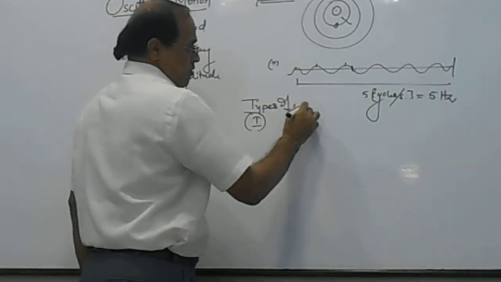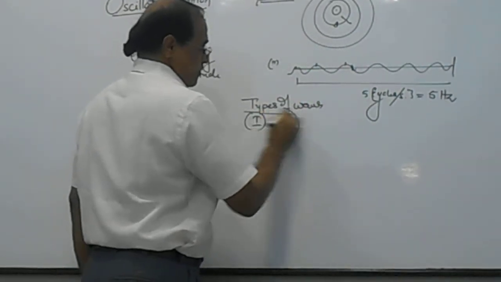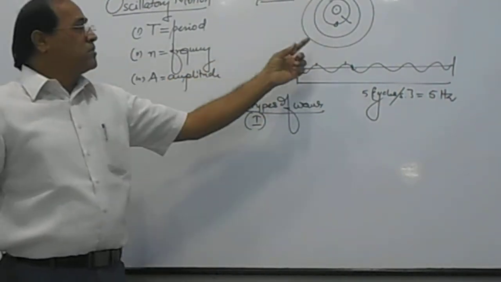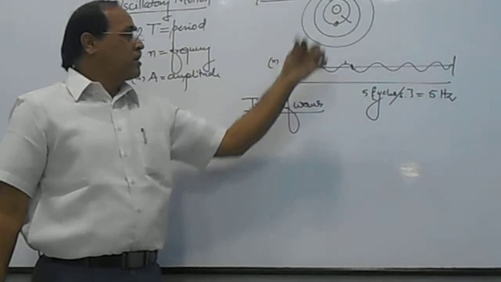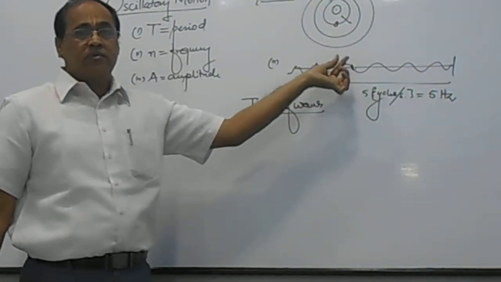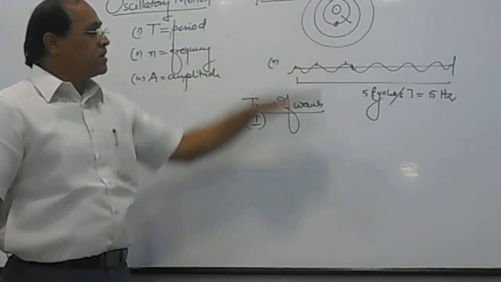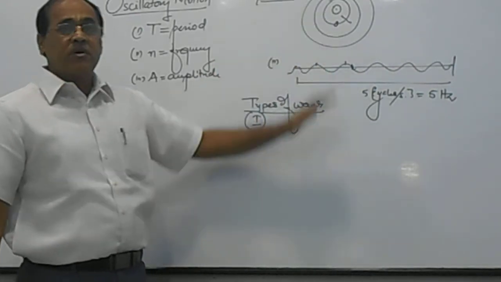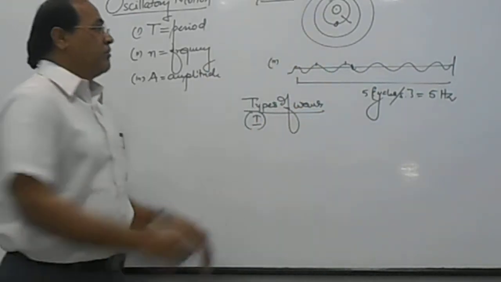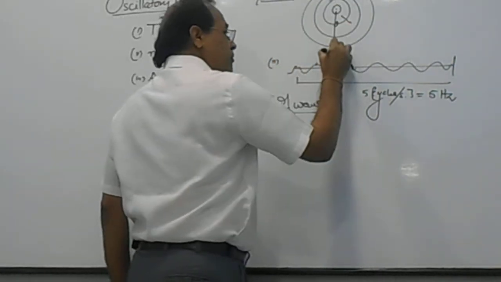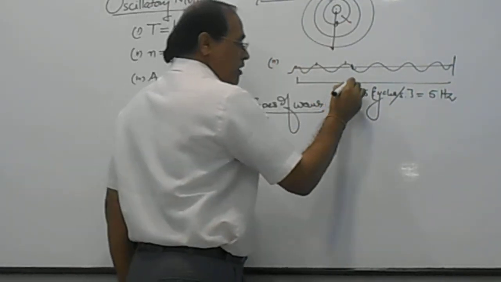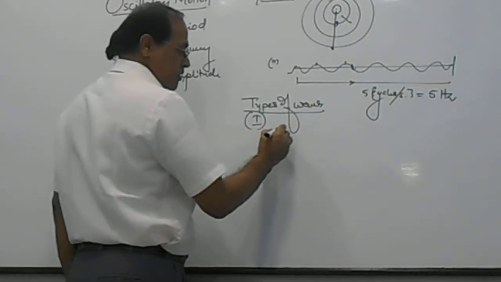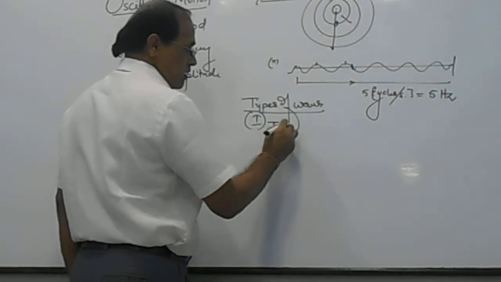Here, the particle which is kept, just as I told you, the piece of paper, and here the colored part of the thread, vibrates up and down. This piece of paper also vibrates up and down. But the wave travels in this direction, from here to here. Here also the wave travels in this direction. Such type of wave is called a transverse wave.